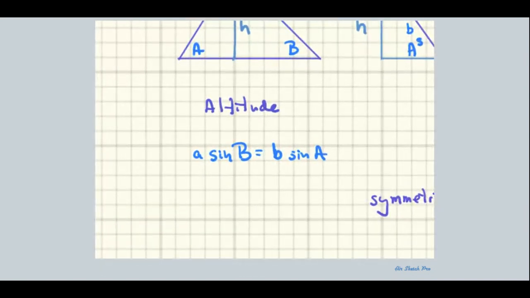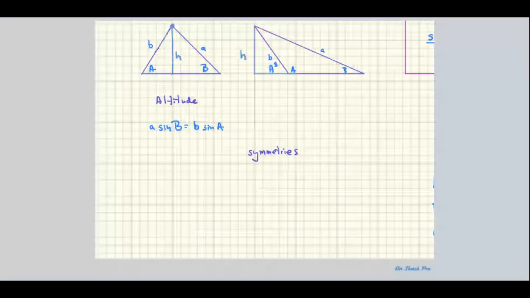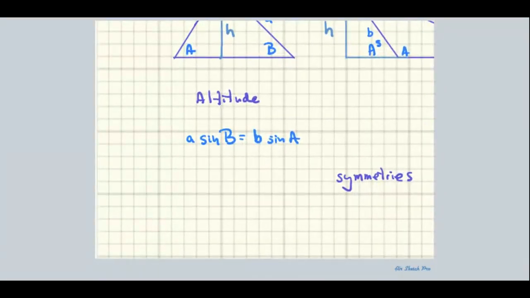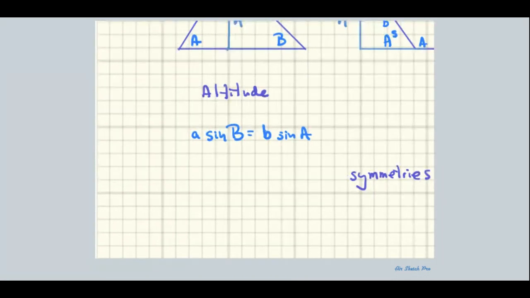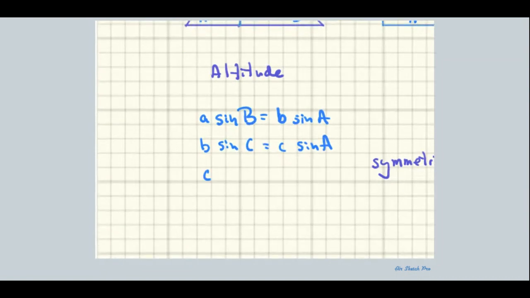I can write symmetries on that the same way that we just did, because there wasn't anything special about the way we set that up. A goes to B, B goes to C, C goes to A.